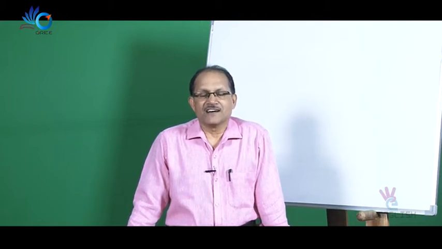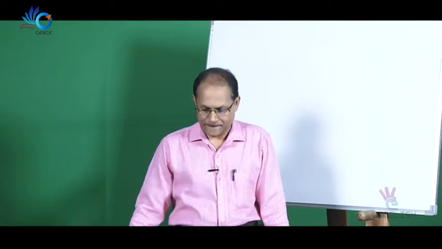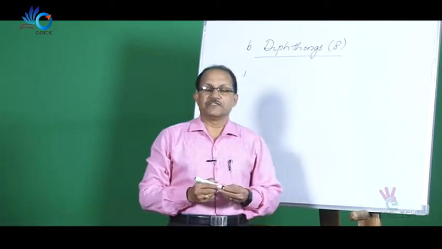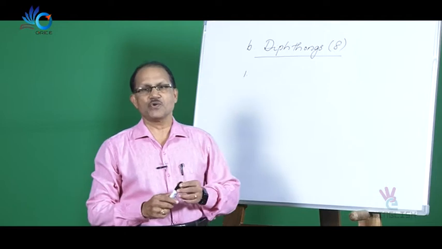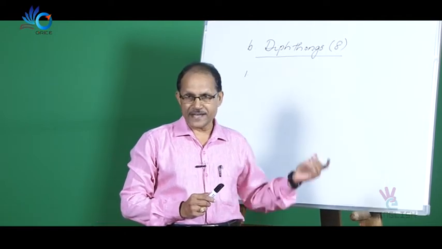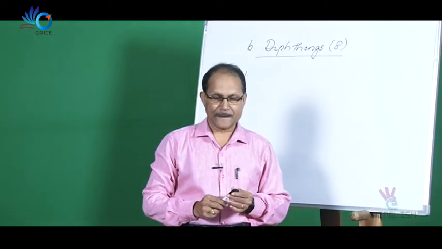In our last class, we saw the pure vowels, and now we shall see the diphthongs. Okay? So, there were 12 pure vowels and there are 8 diphthongs.